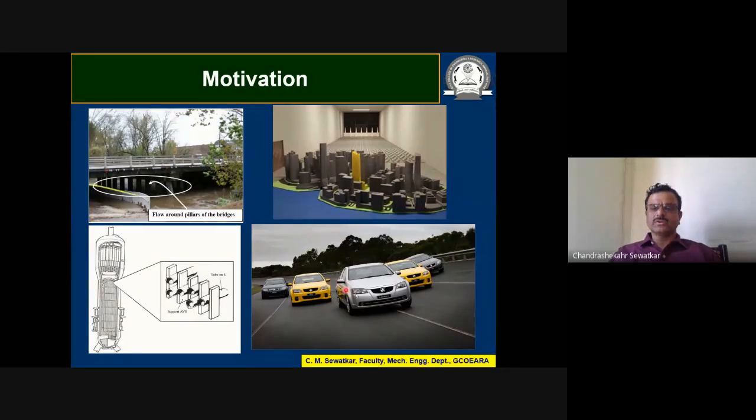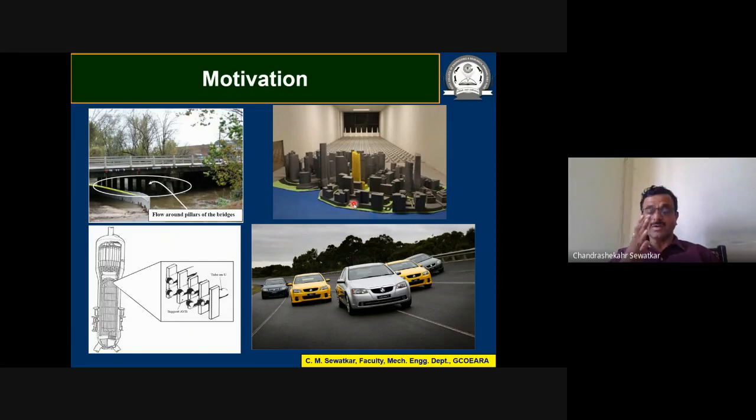Again, the cars moving on the express highways. Let me tell you a simple thing. If I have one body over which the flow is occurring, I experience, let's say, X amount of drag. And if there is another body which is very close to the first body, and then the flow is occurring, the drag experienced by both these bodies is almost 10 times that of the single body.